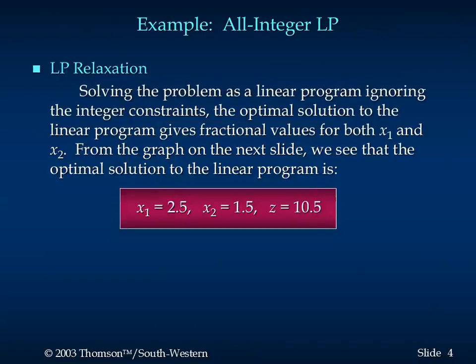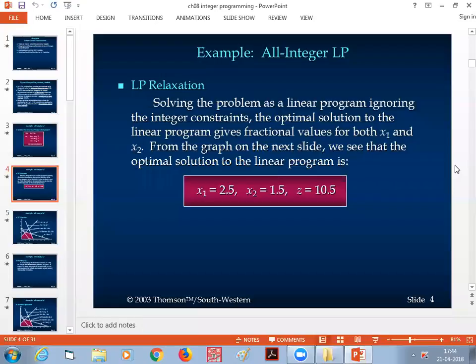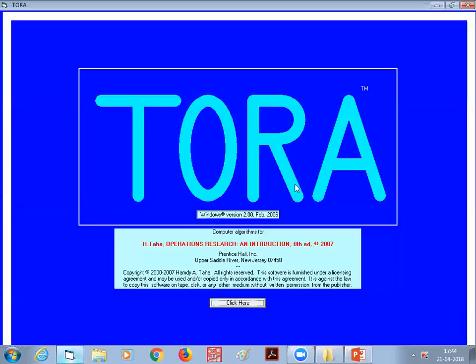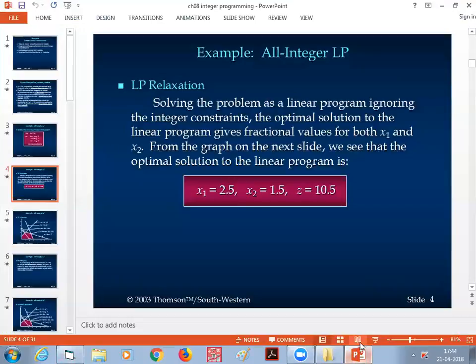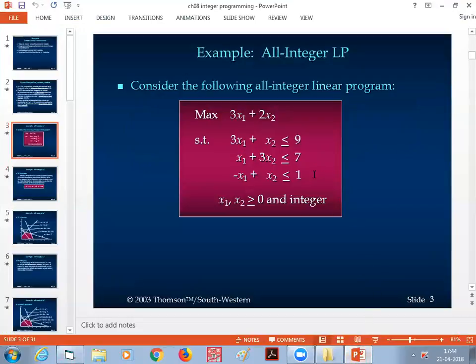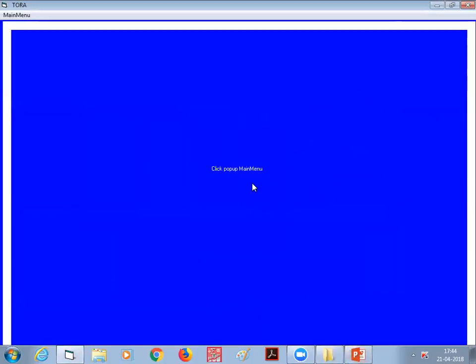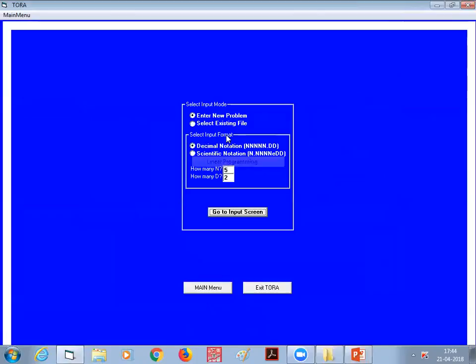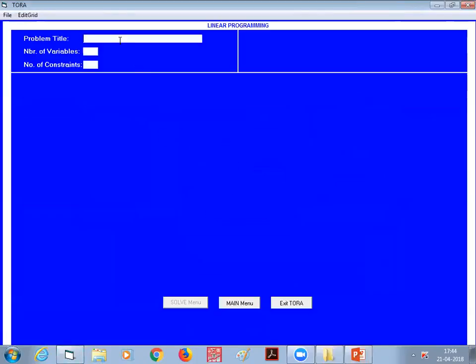When we solve the problem, well, let's do it actually. Shall we do this in Torah? We have Torah, let's do it. The problem was 3, 1, 1, 3, 1, minus 1, 1. It's an LPP with two variables and 3 constraints.